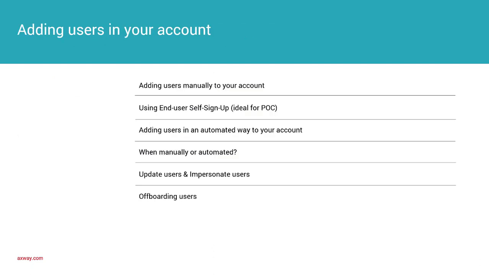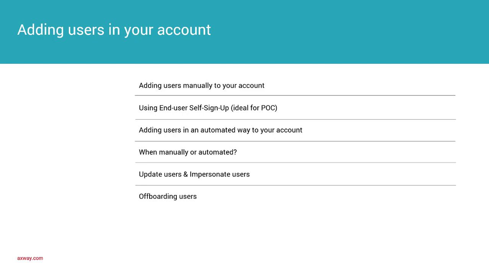And this brings us, unfortunately, to the end of our session. We showed you today how you can add users in your account. We showed you how to do this manually, where you can make your life a little bit easier with the end-user self sign-up, ideal for proofs of concept, or automate this. We also gave you some best practices on when you would start with manual and at what moment you would do this automated.